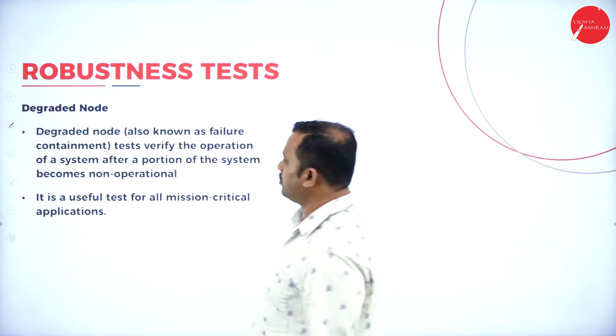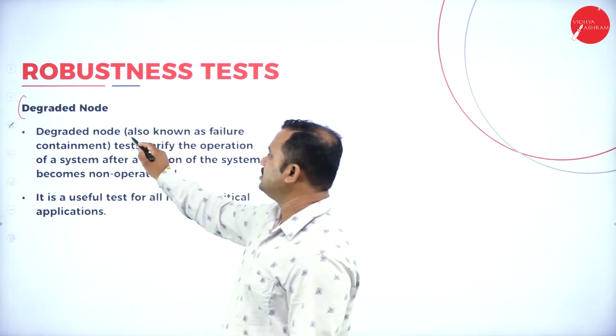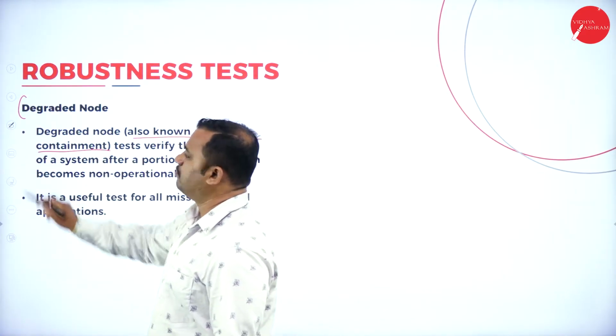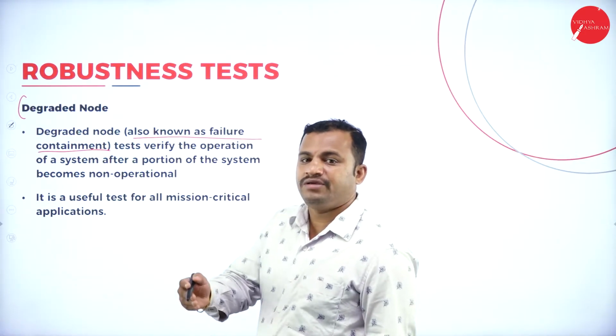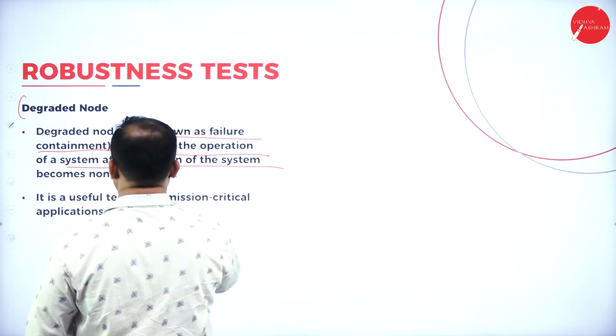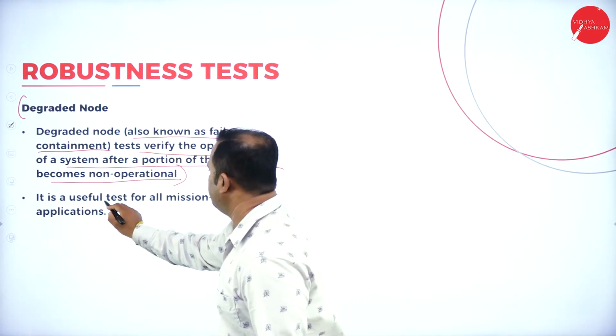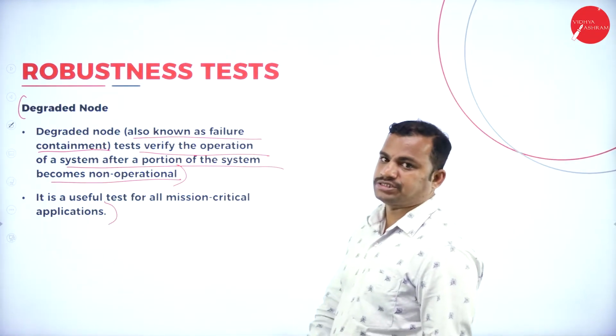The degraded node. You will see in communication systems that if there is a failure of one of the modules or one of the nodes, then we alternatively verify the operation of the system, that is, the portion that becomes non-operational. It uses a test called mission critical applications.